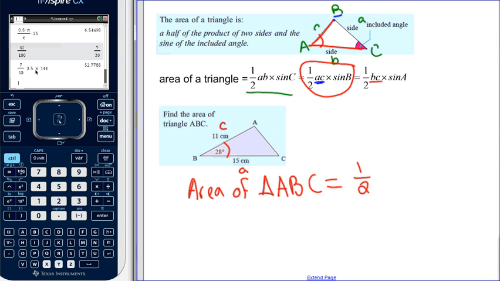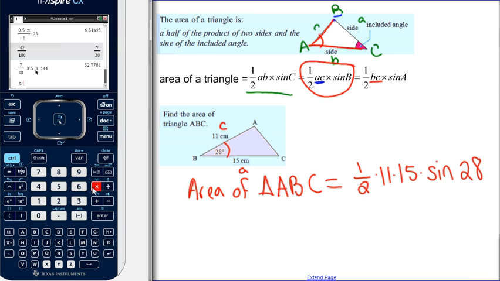But it'll always be 1/2 times one side times the other side times the sine of the angle in between. Okay, and then we just calculate that. So we've got 0.5 times 11 times 15 times the sine of 28. Okay, and that gives us 22.3.